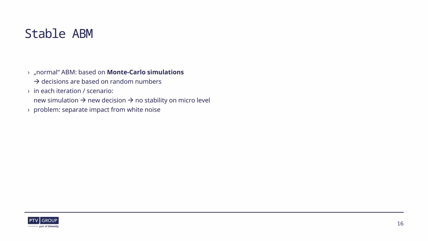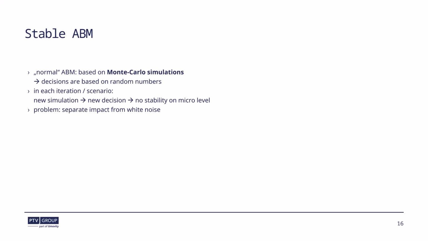And on micro level, you don't see any stability. Every individual person may decide now this and later that, although nothing has changed actually, just because of this random characteristic of the whole process. And then it may be a problem to separate the systematic reaction of the model to some measures from white noise.